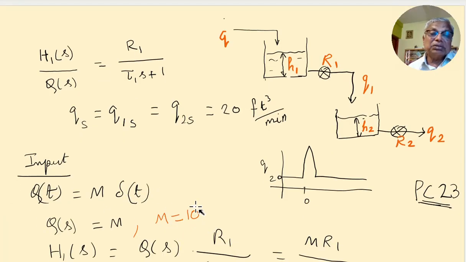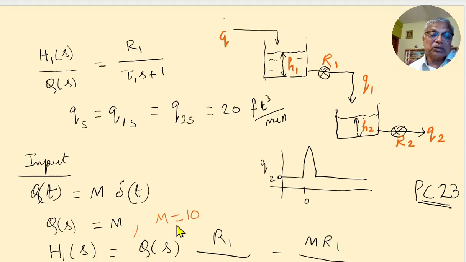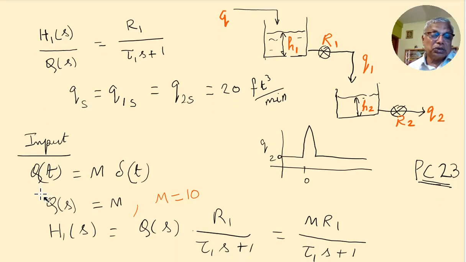And what is m? M is how much water is added quickly, 10 feet cube. Now let us find the response H1. By the usual method, take the Laplace transform of Q(t).